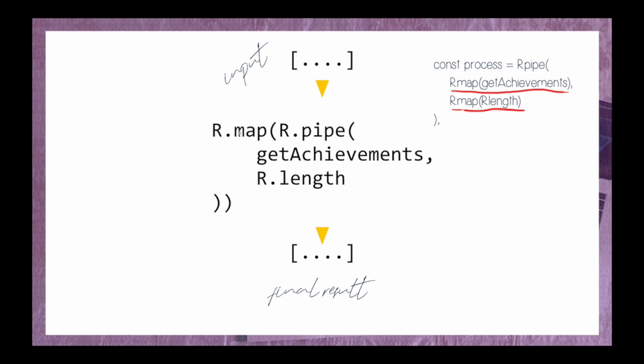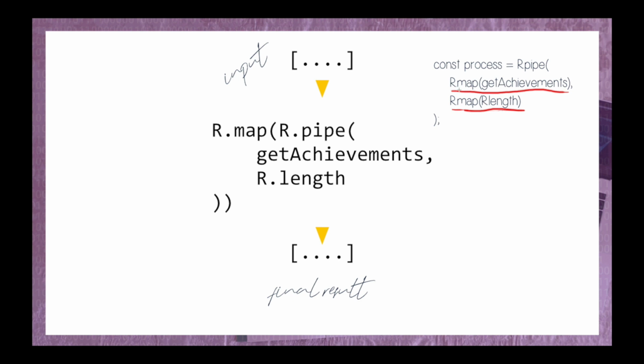So we iterate over the input array just once, but inside the transforming function we are passing, we merge together the getAchievements and length functions. So instead of two adjacent list operations, we have two adjacent single value operations, getAchievements and length. And this is called fusion.